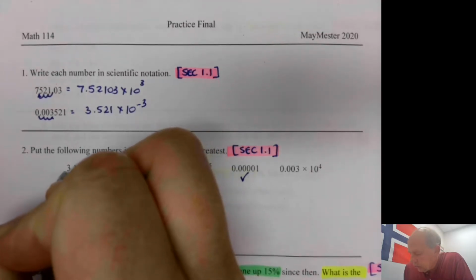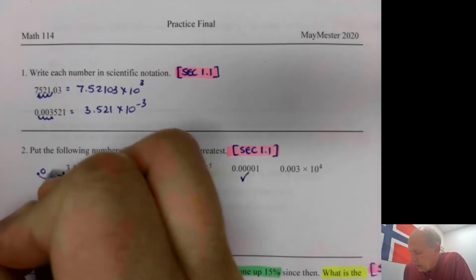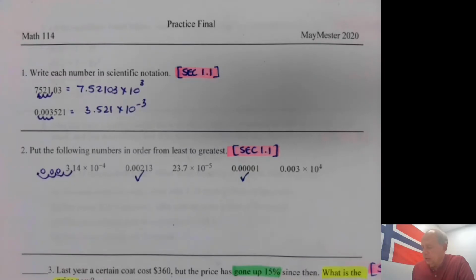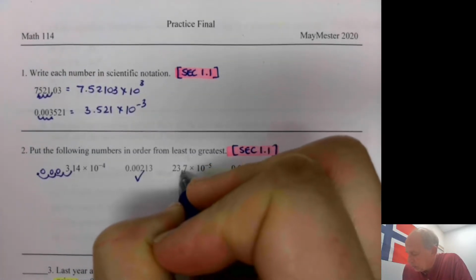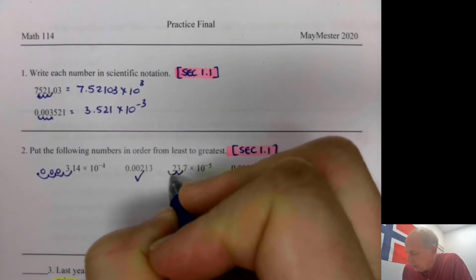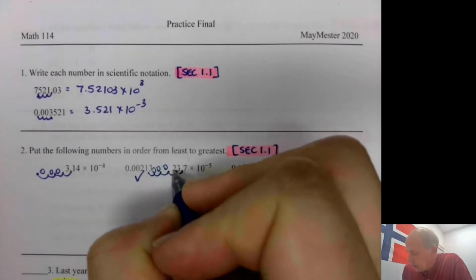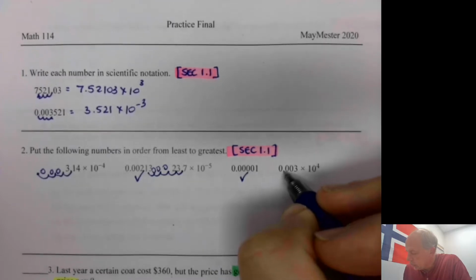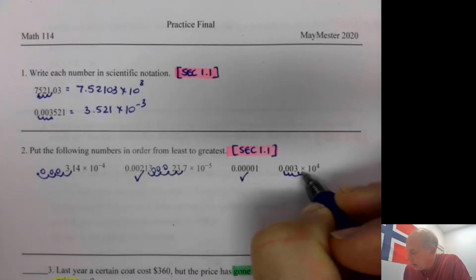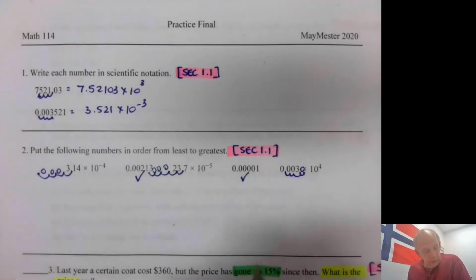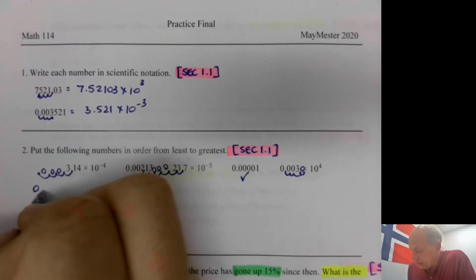I am going to convert this value into a decimal, I'm going to convert this one into a decimal, and I'm going to convert this one also into a decimal.